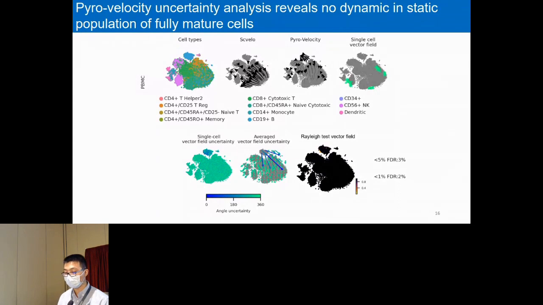And if you look at the circular standard deviation and the statistics test from the Rayleigh test, almost all the cells stay at the static state. So our model can conclude this is a steady population of the fully mature cell type in PBMC.